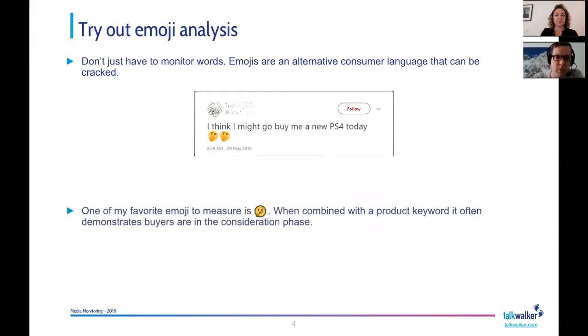So when you look for your brand name alongside the thinking emoji, you'll find that people are in the consideration phase of a product. So you can see what people are thinking about that product, you can see what they're comparing it to. Often you'll find it alongside, should it be PlayStation or should it be Xbox? Also, for example, iPhone or Android, and you'll see that same emoji. So you can look into the emojis and the emotions behind what people are doing. I find emoji analysis really informative once you dig a bit deeper with that.